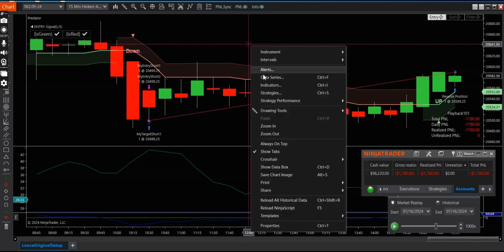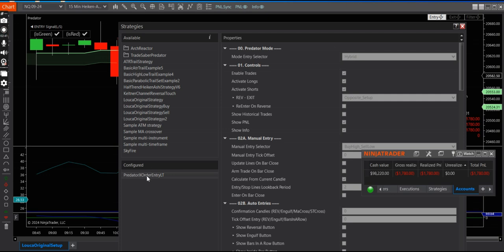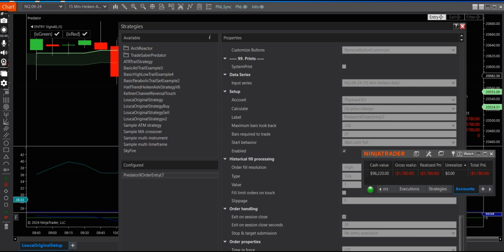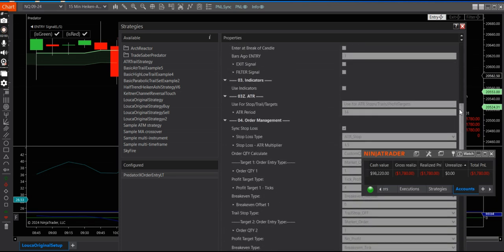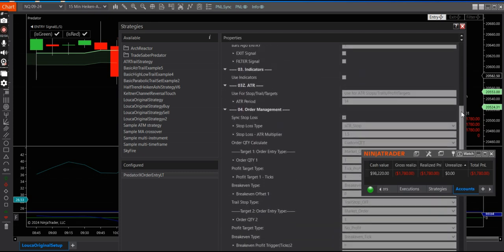So let me go into my strategy. I have a Predator lifetime. This is a paid strategy. It also helps if you're a member of Discord groups and you share the same platform.